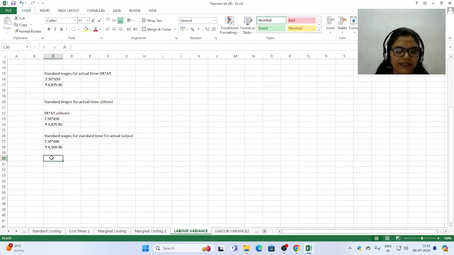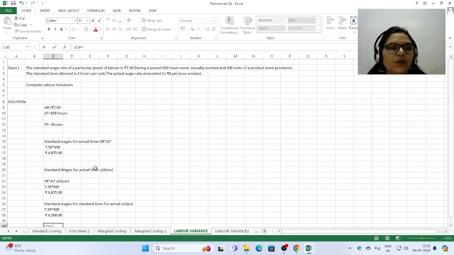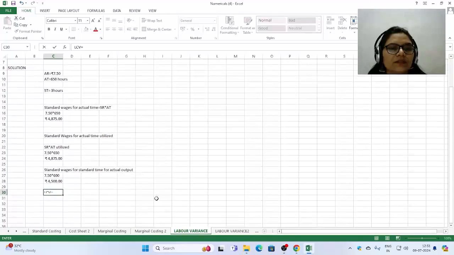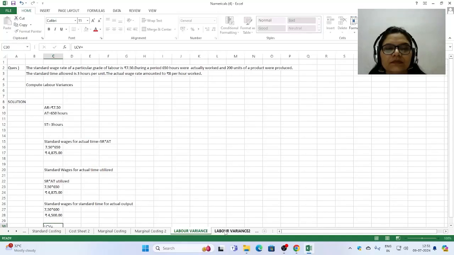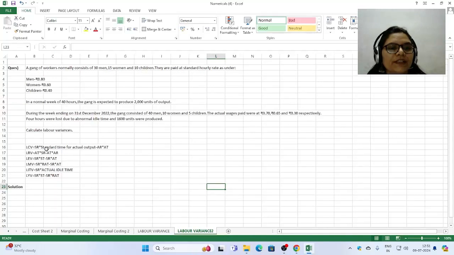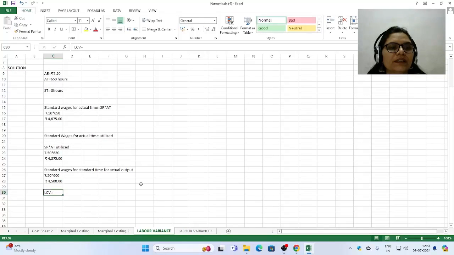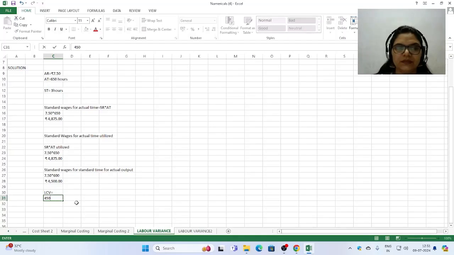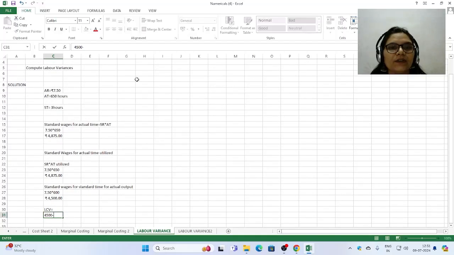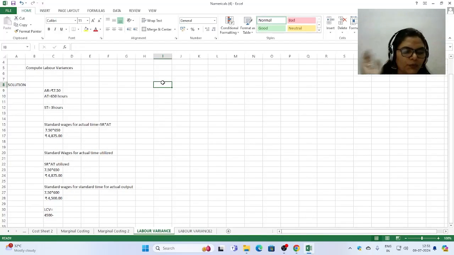Now we will calculate labor cost variance. If we see in the question, it's standard time into standard rate minus actual rate into actual time. Standard time into standard rate has been solved: that is 4500, minus actual rate into actual time. We have not calculated actual rate into actual time, no problem, we will calculate.